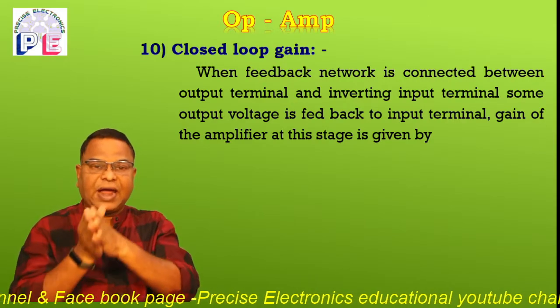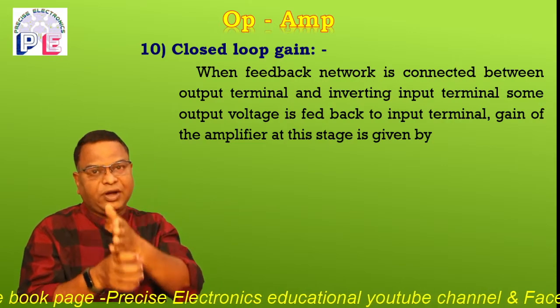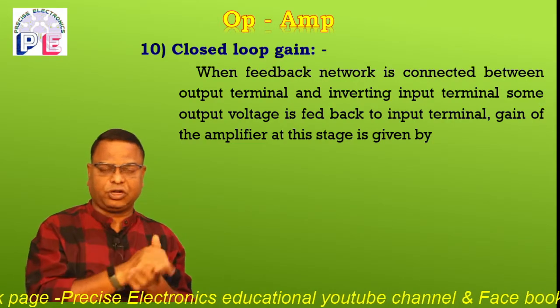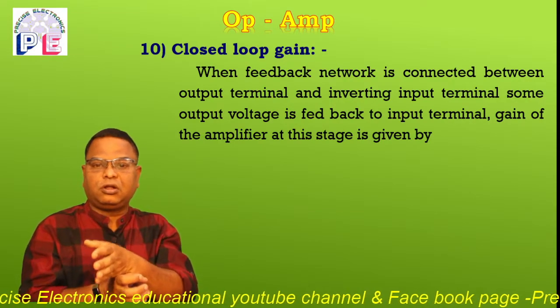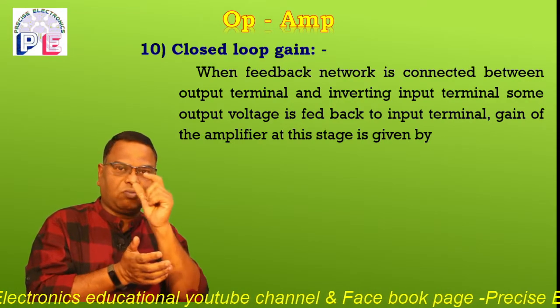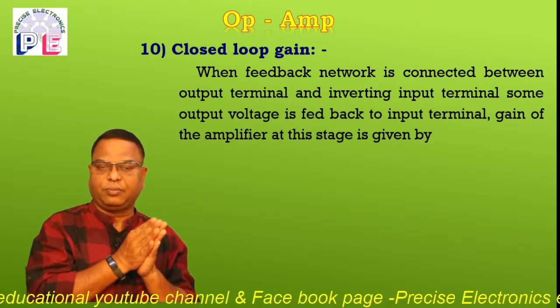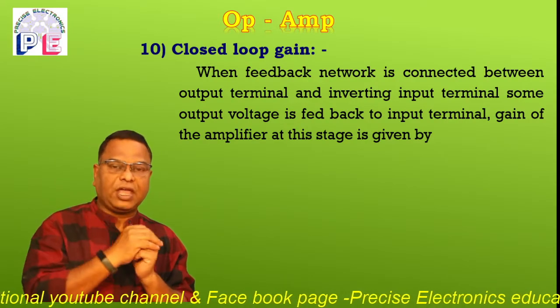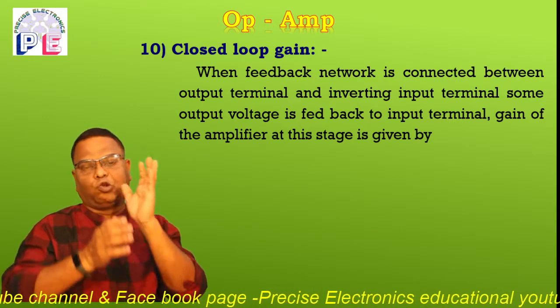That means when a feedback network is connected between the output terminal and the inverting input terminal, mostly the inverting input terminal, some value of the output voltage is fed back to the input terminal, and the gain of the amplifier in this mode is known as closed loop gain.